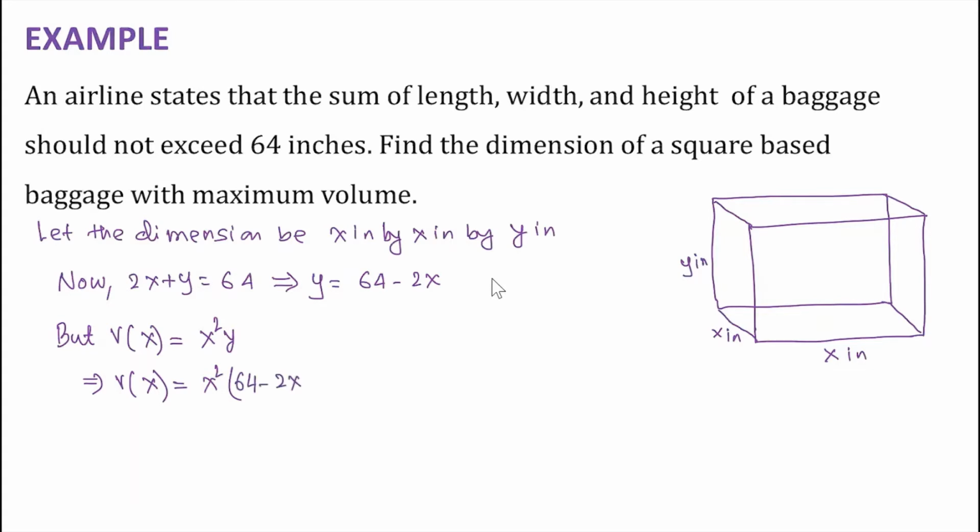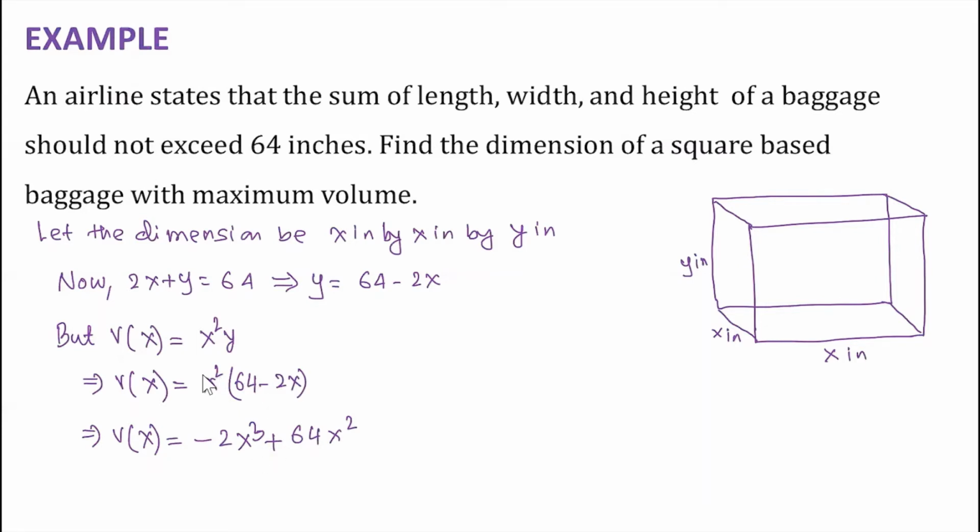So if I simplify this, negative 2x multiplied by x squared is negative 2x cubed.